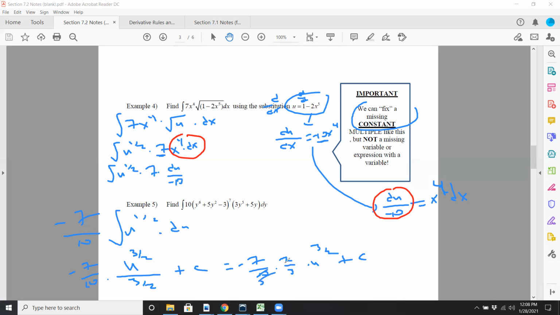These cancel. So you get -7 over 15 times u^(3/2) plus c. And then you bring back whatever u was. u was 1 minus 2x to the 5th power. So you have -7/15 times (1 minus 2x^5) raised to the 3/2 power plus c. And that is your final answer.